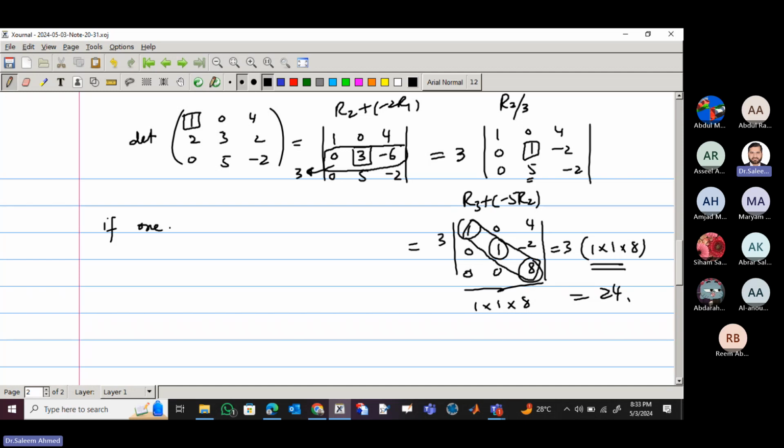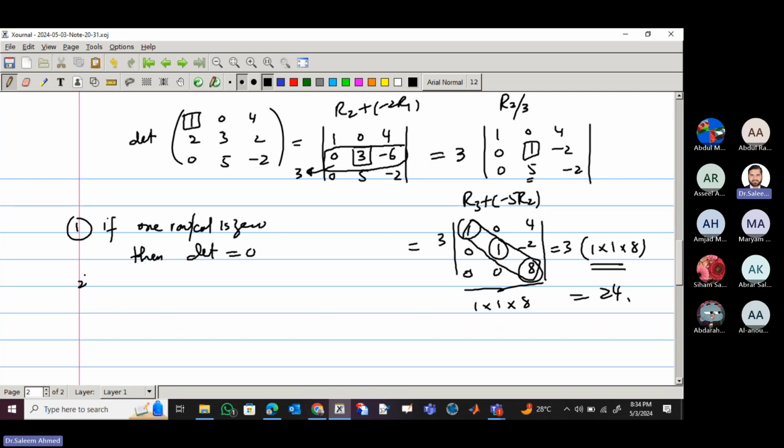If one row is 0, then determinant is 0. If you are finding a determinant of a matrix whose one row or one column entirely is 0, then the determinant is 0. No need to do anything. If two rows or columns are identical, same, then determinant is 0.